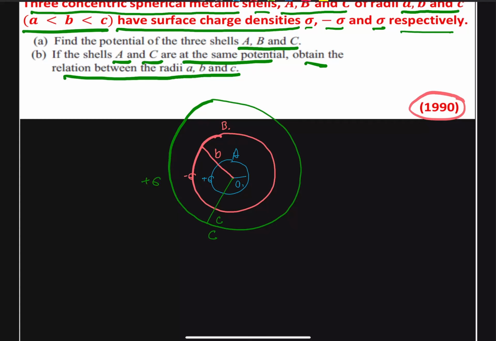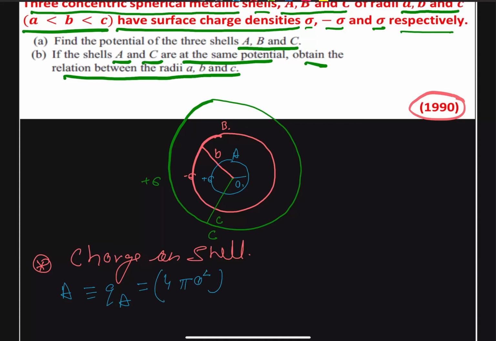And we can find out the charge on shell A, B as well as C in terms of their charge densities. So you can say that charge on shell A, let us call that QA, will be equal to 4 pi a square multiplied by its surface charge density sigma.